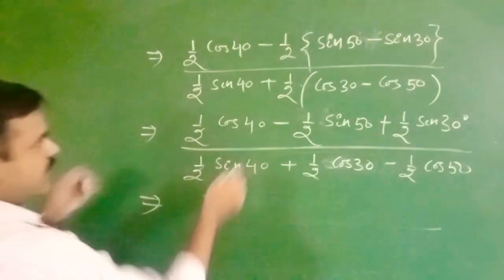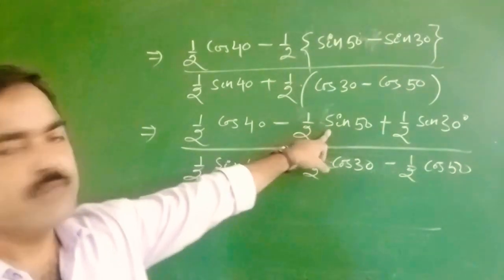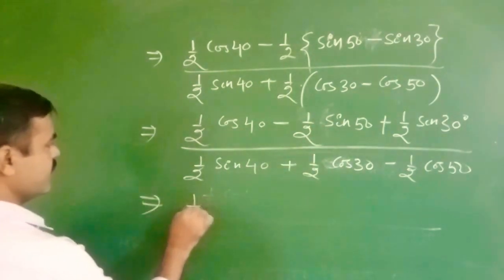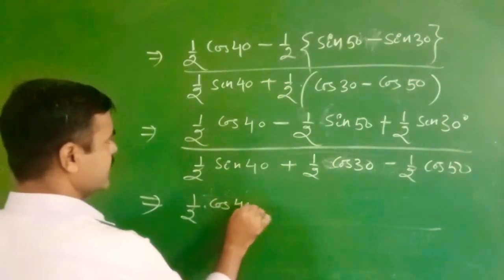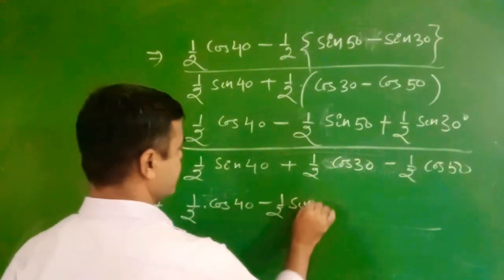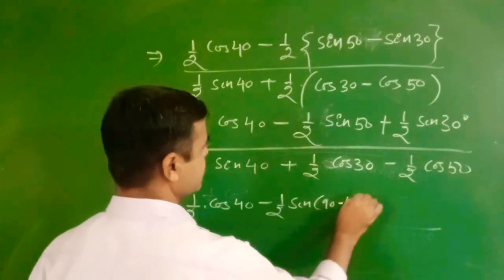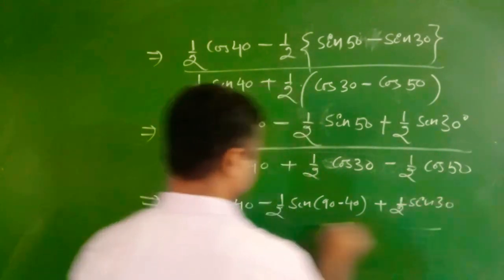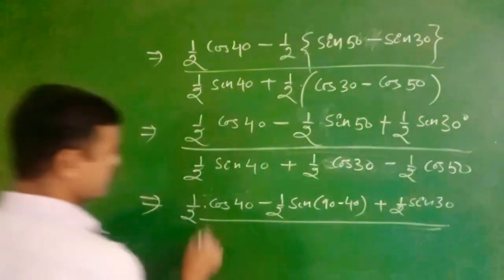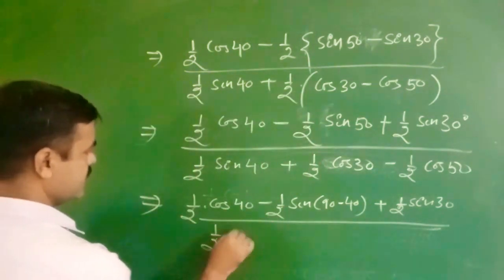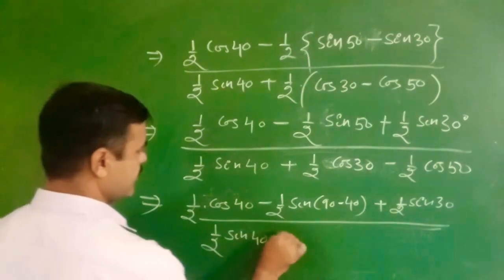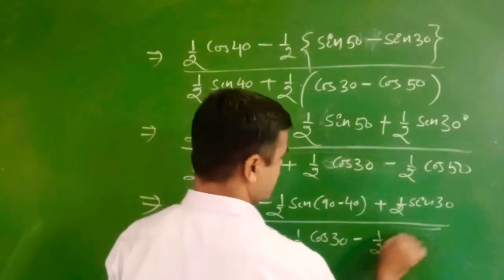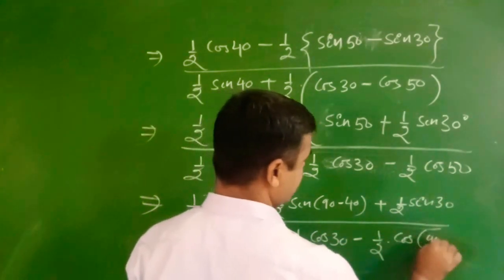See here, sin 50 may be written as sin of 90 minus 40. So come to write this one: 1 by 2 cos 40 minus 1 by 2 sin of 90 minus 40, and this is as it is plus 1 by 2 sin 30, divided by 1 by 2 sin 40 plus 1 by 2 cos 30 minus 1 by 2, and this can be written as cos of 90 minus 40.